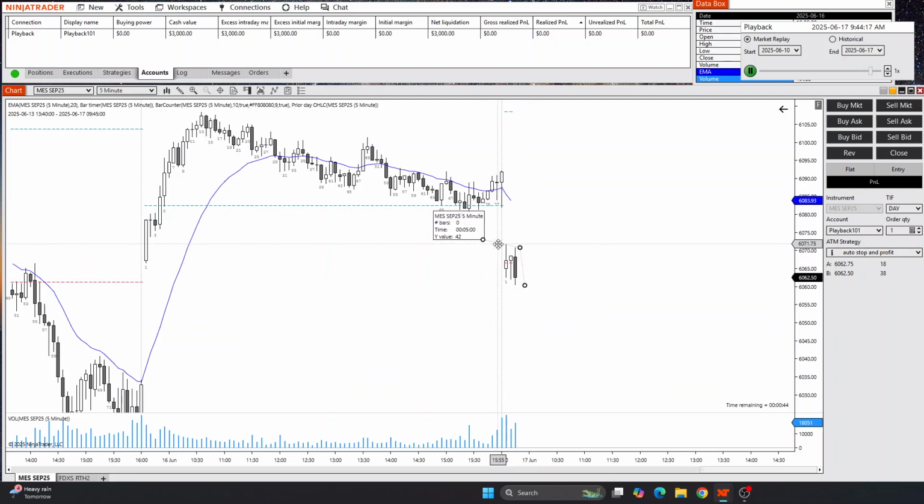So 42 points or 42 ticks. So we can sell 1 tick below this bear bar, number 3 bar, and then put the stop 1 tick above the high of this bear bar.